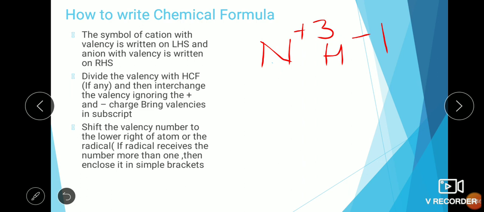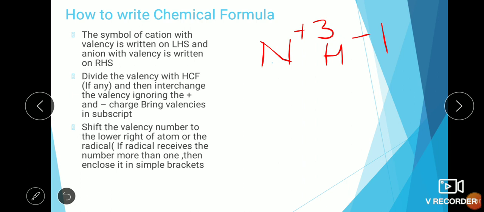You may be confused that how N became plus 3 and H became minus 1. My dear friends, H, as I told you earlier in 8th standard also, that H is a mystery for all the chemistry teachers as well as for the chemistry engineers, because H can be positive in some cases and H can be negative in some cases.